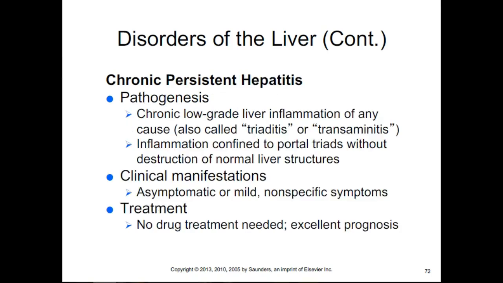So chronic persistent hepatitis is a chronic low-grade inflammation of any cause, also called triaditis or transaminitis, right? And then inflammation confined to portal triads without destruction of normal liver structures. Some of the clinical manifestations include asymptomatic or mild non-specific symptoms. There is no drug treatment and the prognosis is excellent.